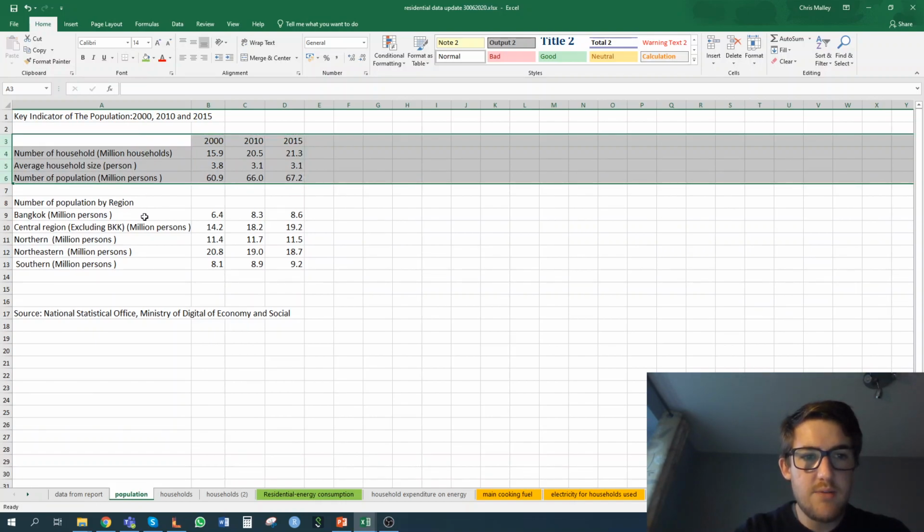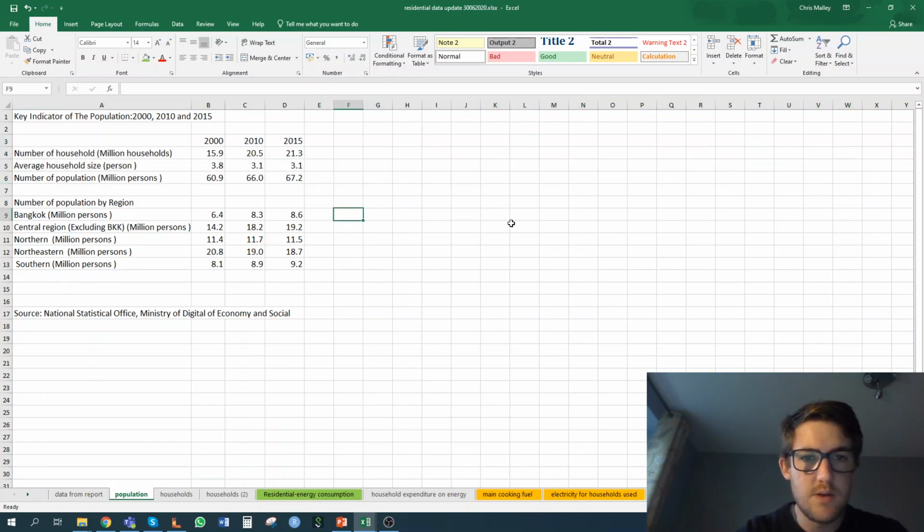What I want to do now is break down the population into the percentage of the population that are in my different regions: Bangkok, Central, Northern, Northeastern and Southern. So I want to know what percentage of the total population is in each of these regions. I'm just going to quickly calculate that.